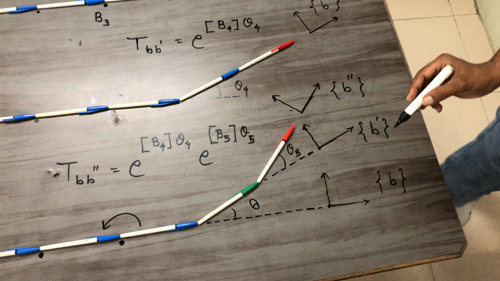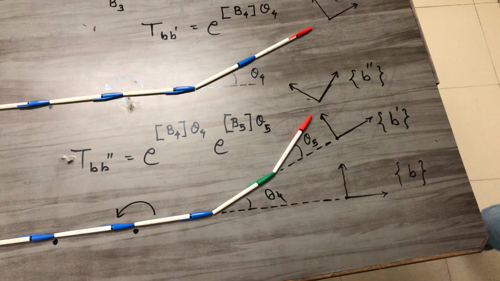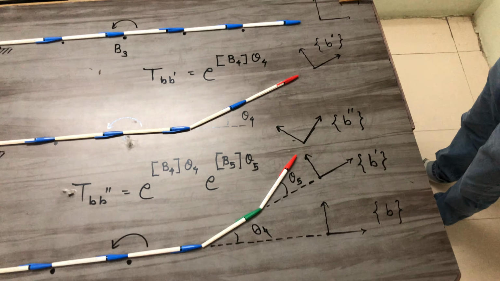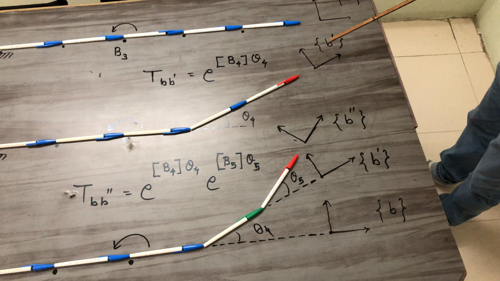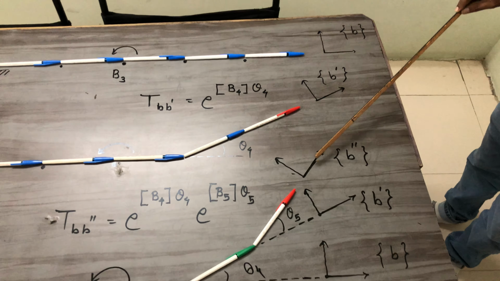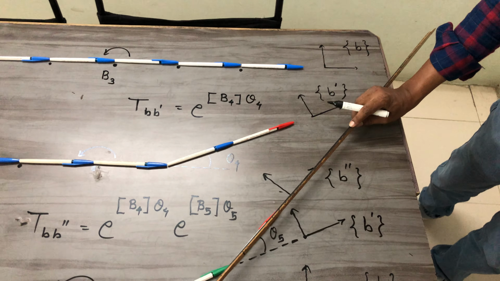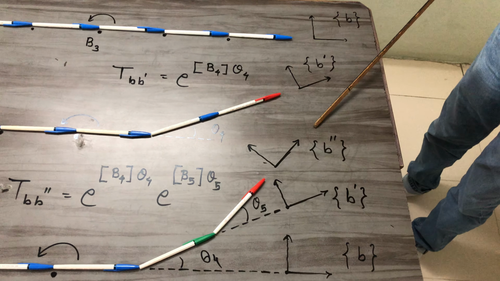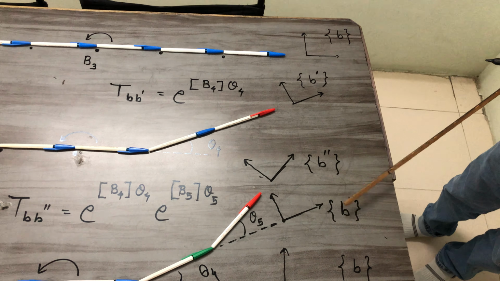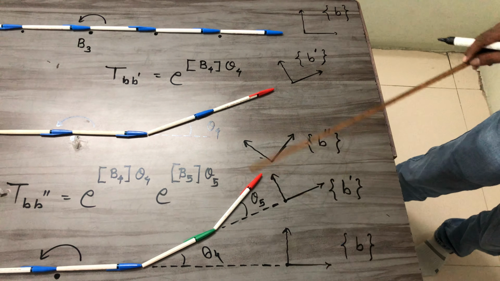This is the tip. So this reference frame is B, this is B dash, and after further rotation, the reference frame attached to this is B double dash. Attached to this and this is the same B dash, and this one is the original reference frame, the fixed frame.